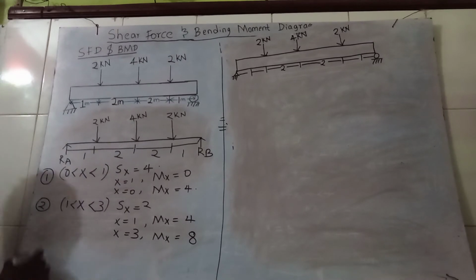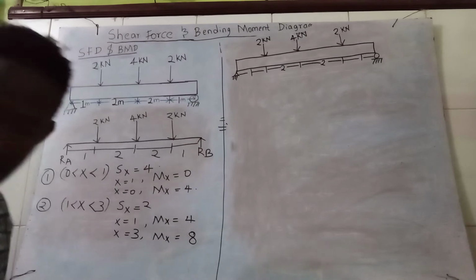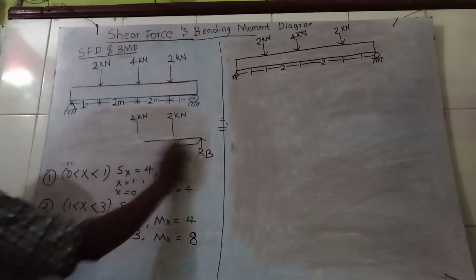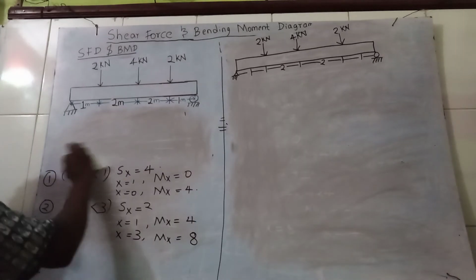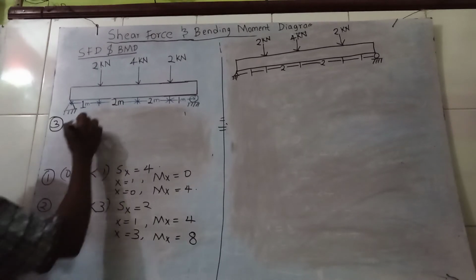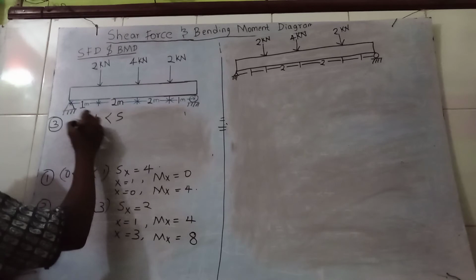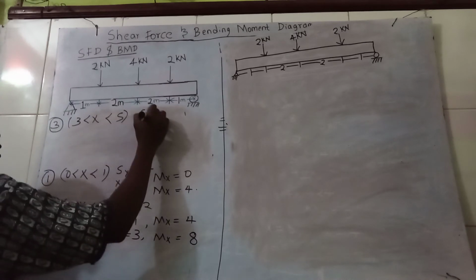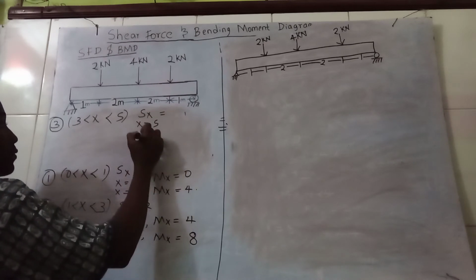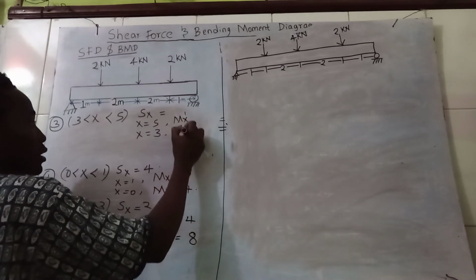Thirdly, so let me just write it somewhere here. Thirdly, whereby x was greater than 3 and less than 5, the shear force Sx is negative 2, at x equals 5 and x equals 3, Mx.